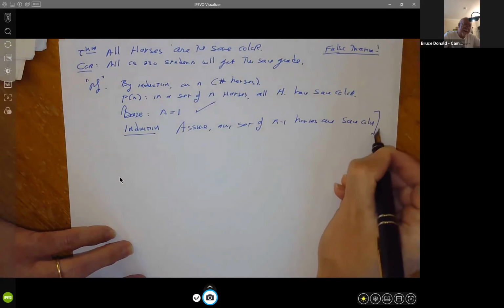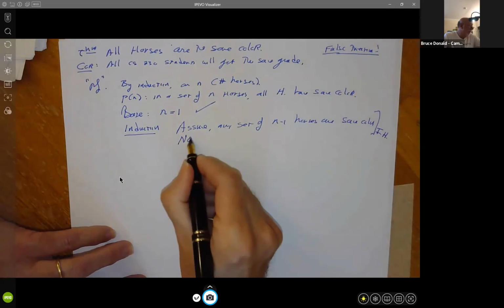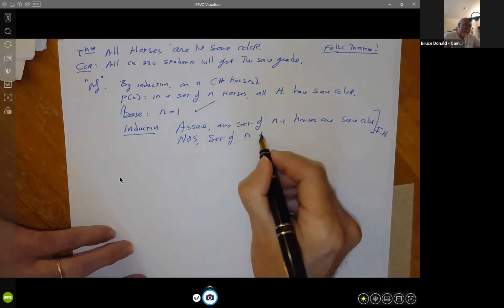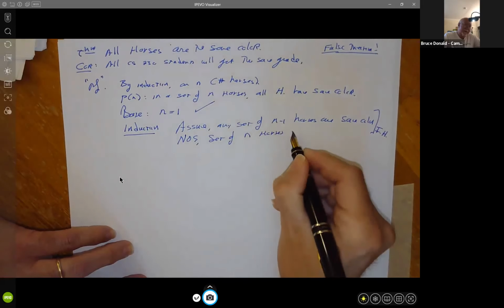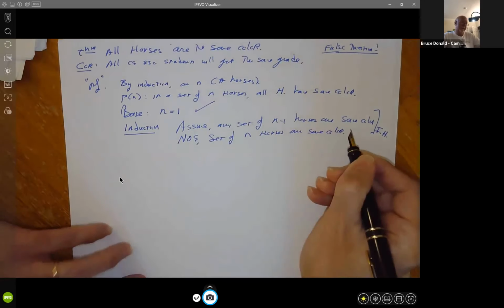And of course, this will be my induction hypothesis. And I need only show any set of n horses are the same color. So here's my argument.